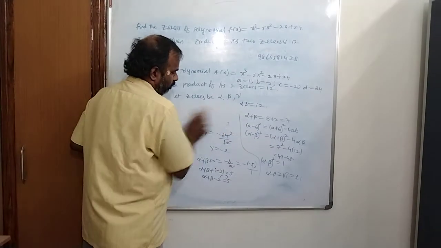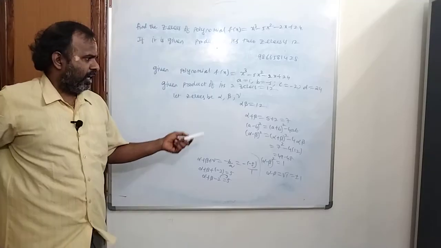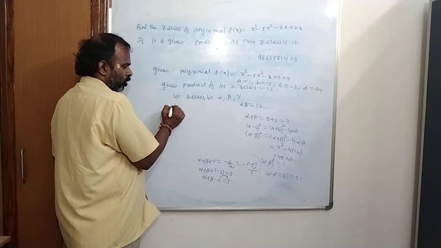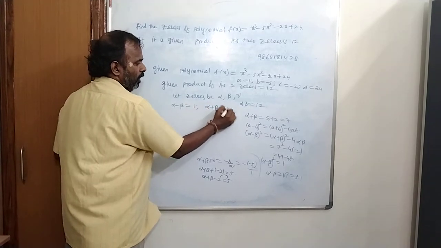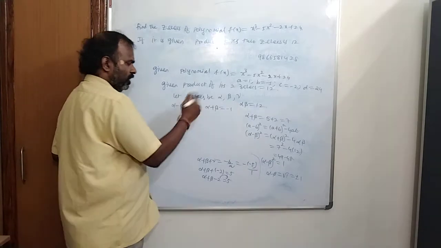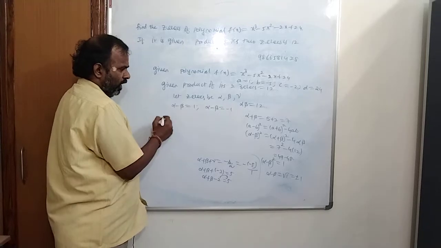Now we have to find alpha and beta. Already we got gamma as 2. Now here two cases we will take. One is alpha minus beta is 1, the other is alpha minus beta is minus 1.